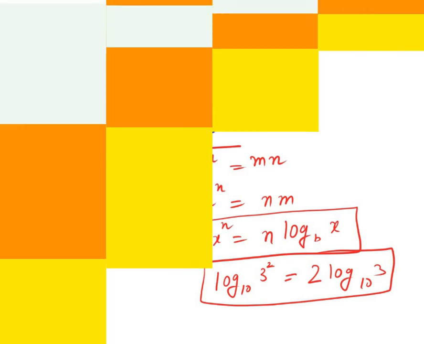Now, from the world of indices, we know if I raise anything to the power of 1, I get the same thing back. So how do I write it in log form? Can I say log of b to the base of b is 1?